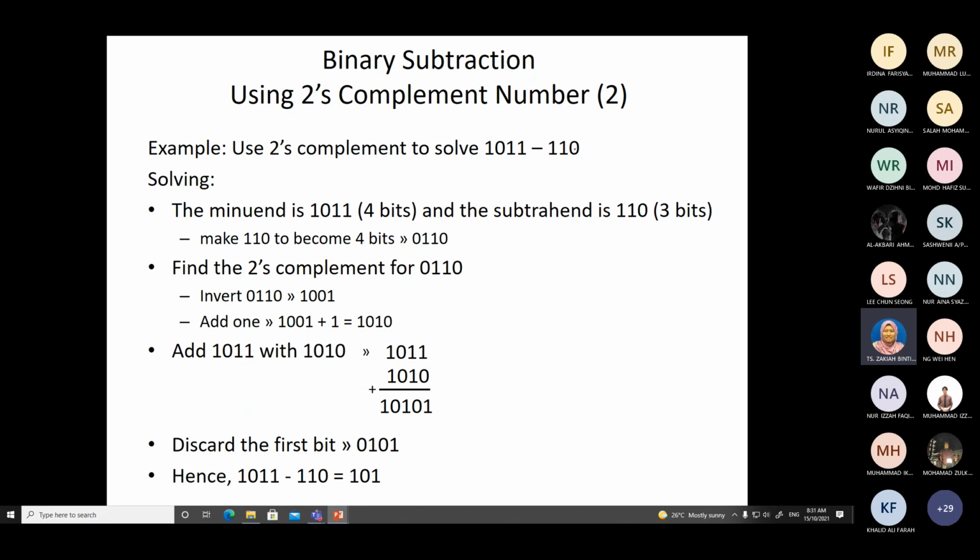In this case 110 needs to be converted into 2's complement. The minuend is 1011, which is 4 bits, and the subtrahend is 110, which is 3 bits.